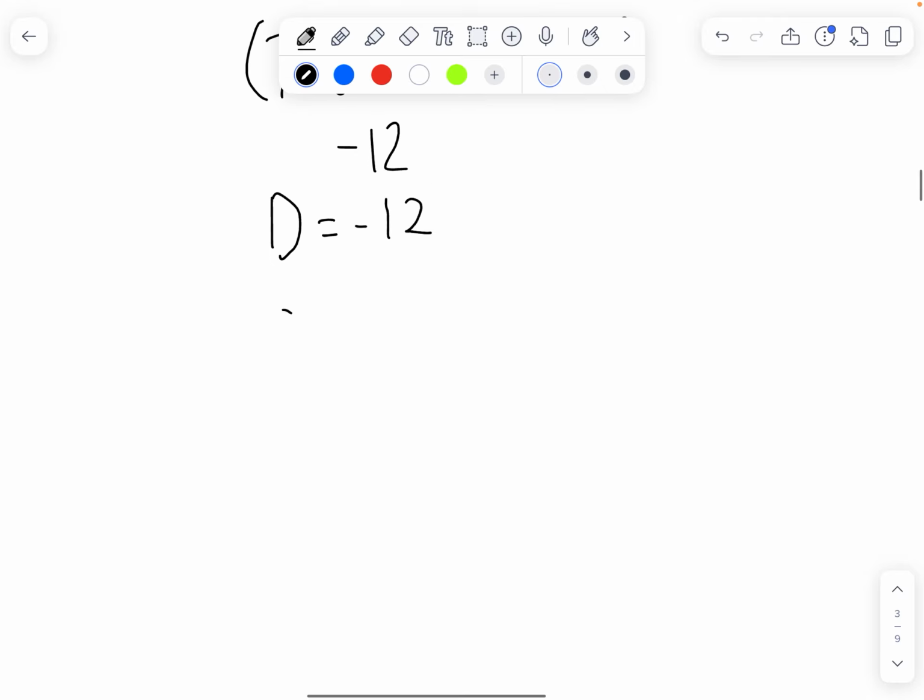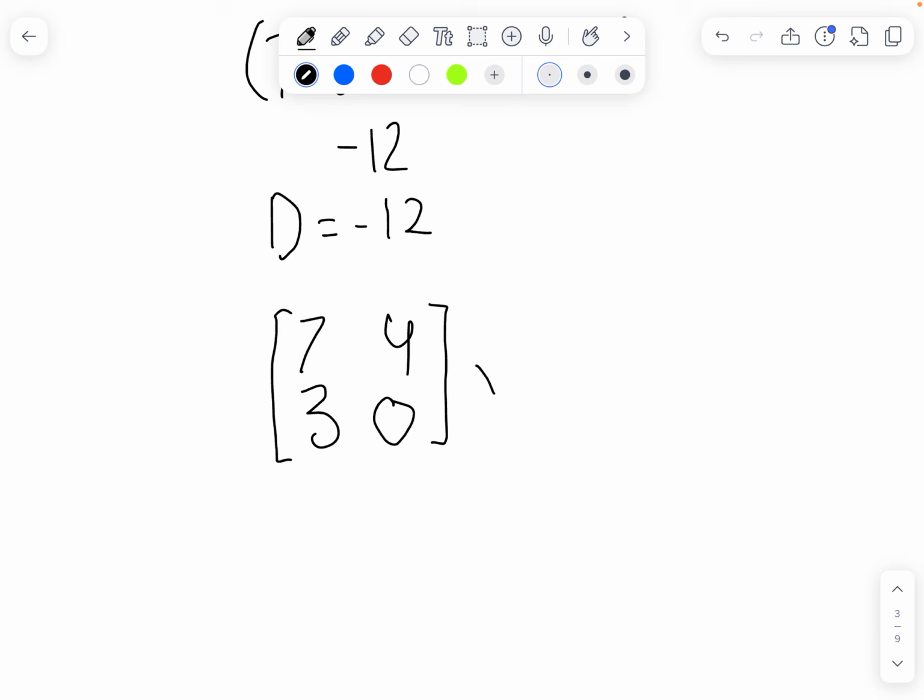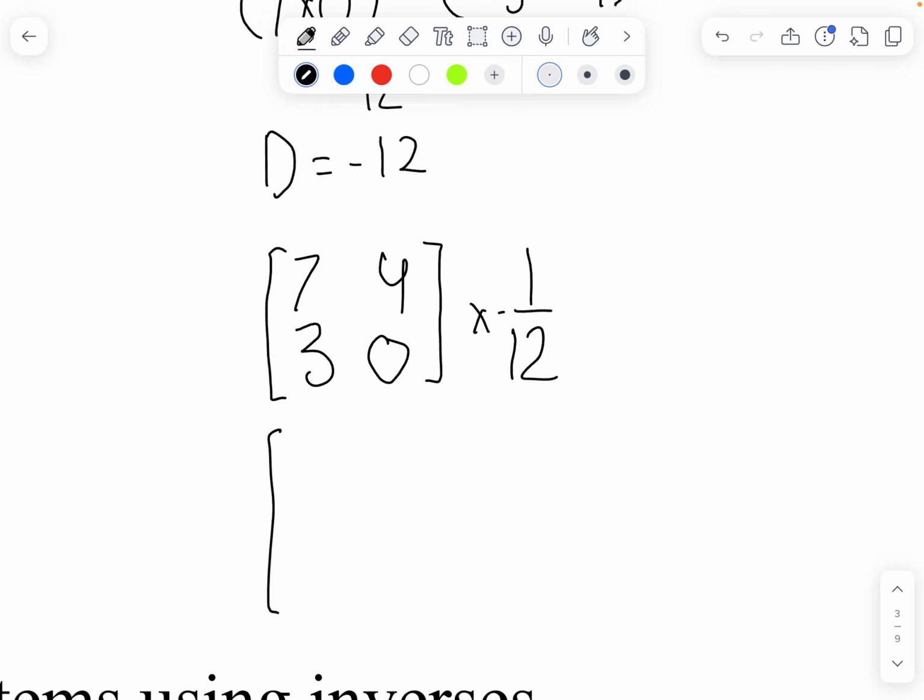And then now this matrix is 7, 4, 3, 0 multiplied by 1 over the determinant. And then so this would be negative 7 over 12, negative 1 over 3, negative 1 over 4, and 0. And I'm just going to solve this on my calculator really quick.